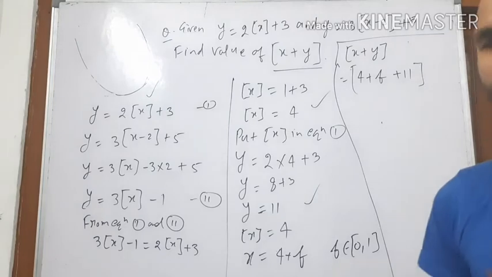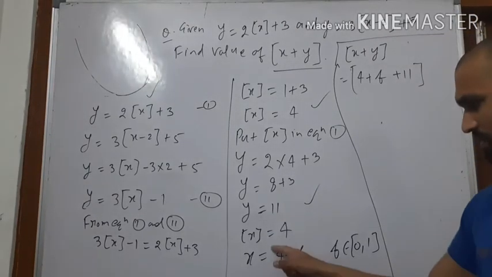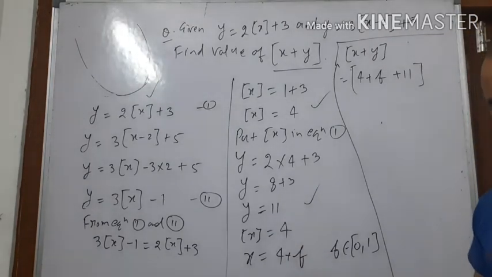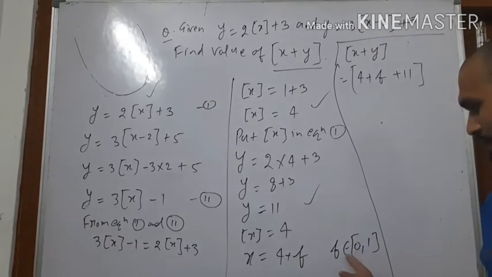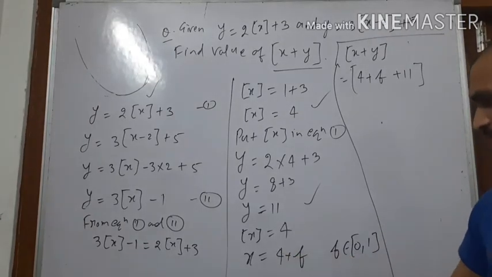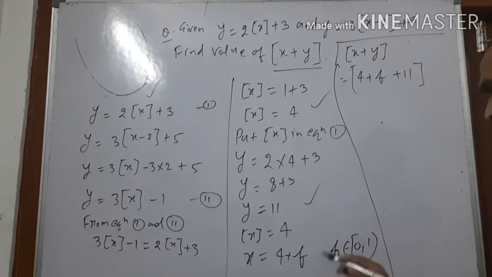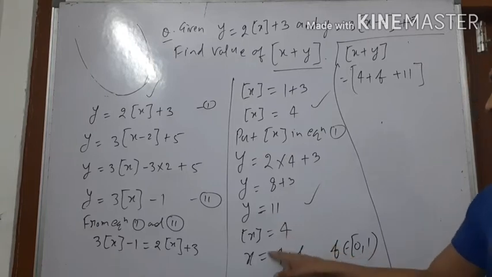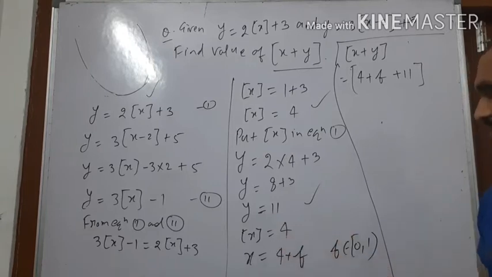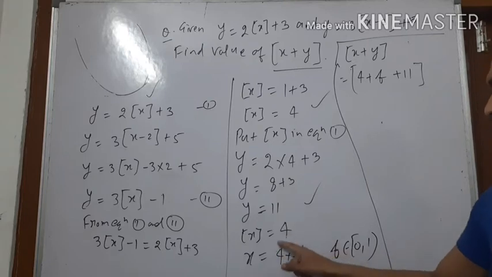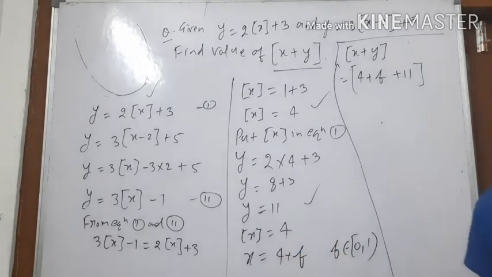It is not much of a topic of thinking, because if we put f as 0, then it will be exactly 4, and its greatest integer will be 4. And if we put any value between 0 and 1, the interval being open, its greatest integer will also be 4. So in general form, we have written this as 4 plus f.